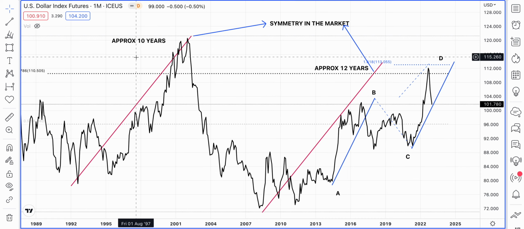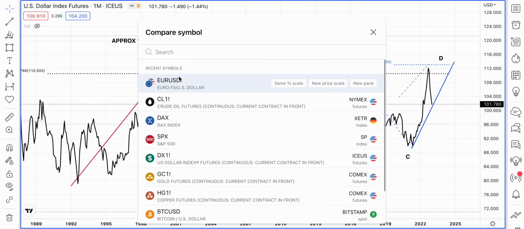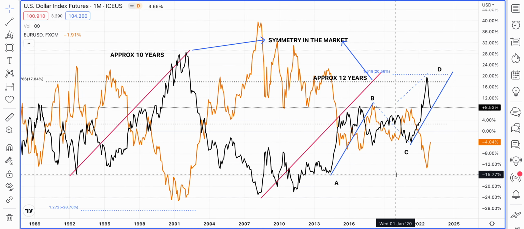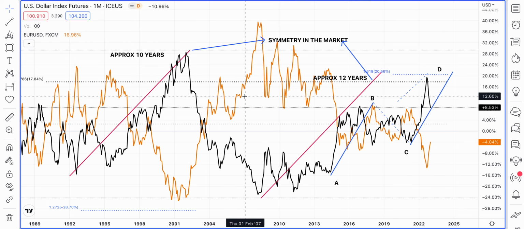Now, what I would also like to do is, because this is the dollar index, about 51 to 52% of this basket is composed of the euro. So I'm going to also add the euro to it, and what we see is that the euro is actually pretty much the mirror image of the dollar index, because it's such a heavily weighted component of the basket.